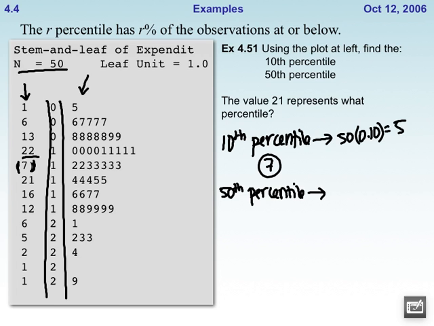50th percentile. I'm going to take my 50 observations, multiply it by 0.5, so I get 25. So 25 is my 50th percentile. Through this row is 22 observations. So then I have 23, 24, 25. So that's 13. 13 is my 50th percentile.